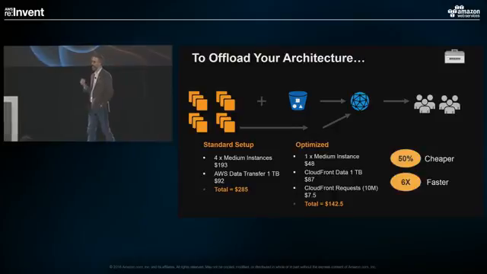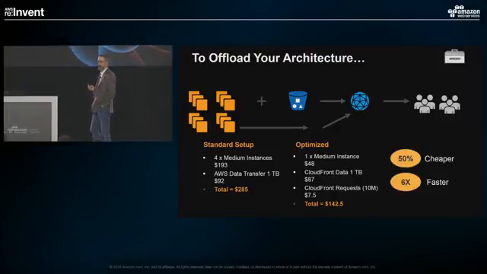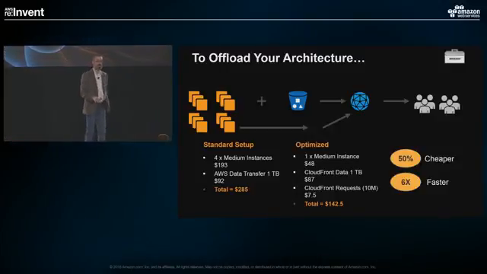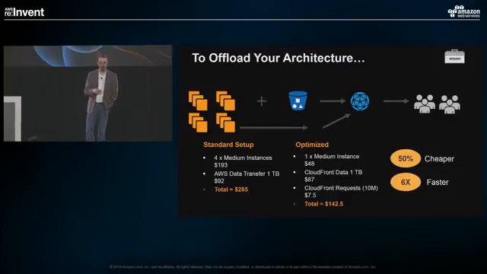If we re-architect this environment so that we're using a single instance and we're using CloudFront in those different locations, we can cut our cost in half while improving the performance. Just one simple example about how you can optimize your architecture. We're going to take a deeper look at CloudFront in a minute, but I just wanted to throw that out there.